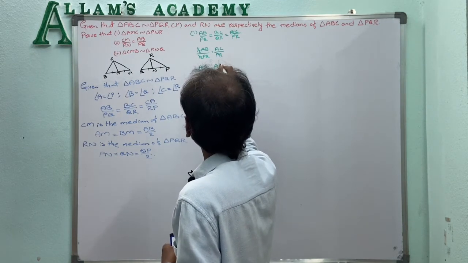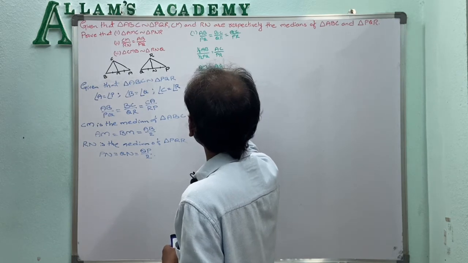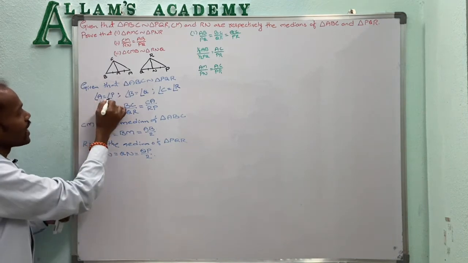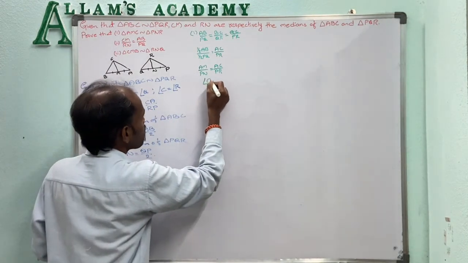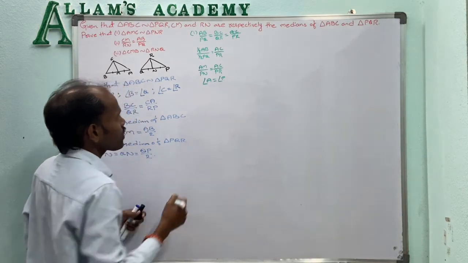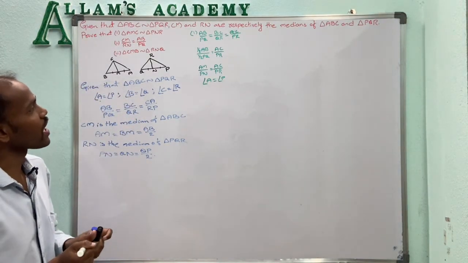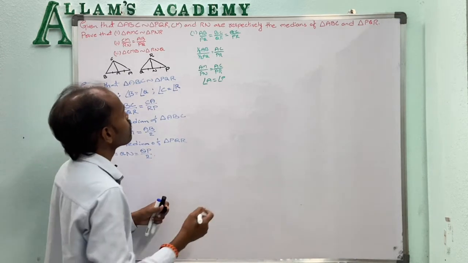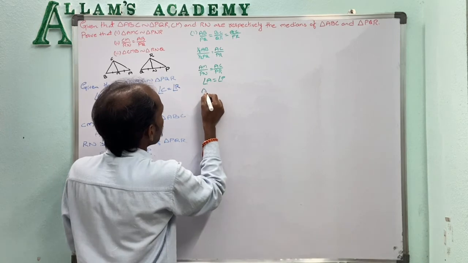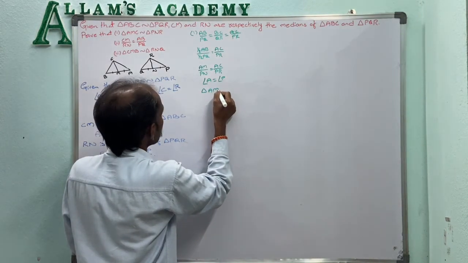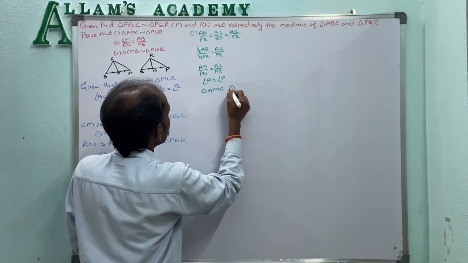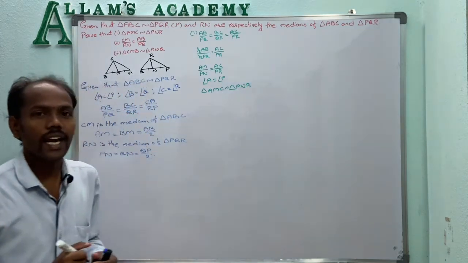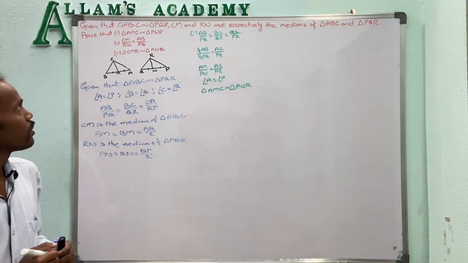So AM by PN equals AC by PR, and already we know that angle A equals angle P. So two sides' ratio and one corresponding angle are equal, so triangles AMC and PNR are both similar triangles. By this we can prove it.